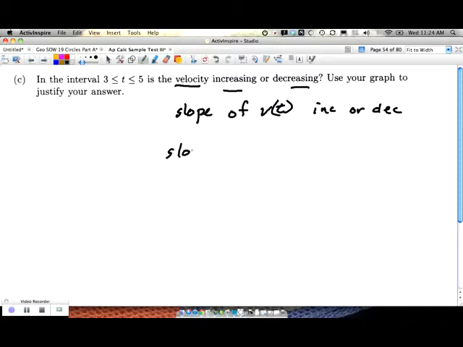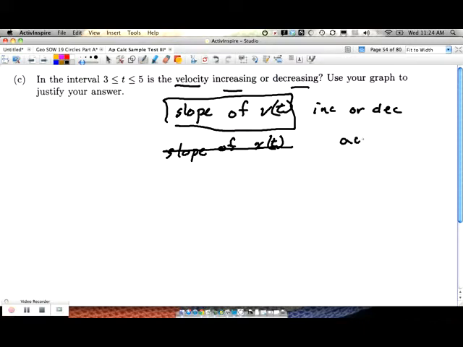That's not saying, is the slope of s of t, or in other words, x of t, the position. It's not this. Because velocity does tell us about the slope of the position, but right now we're looking at the slope of v of t because it's asking us, is velocity increasing or decreasing?